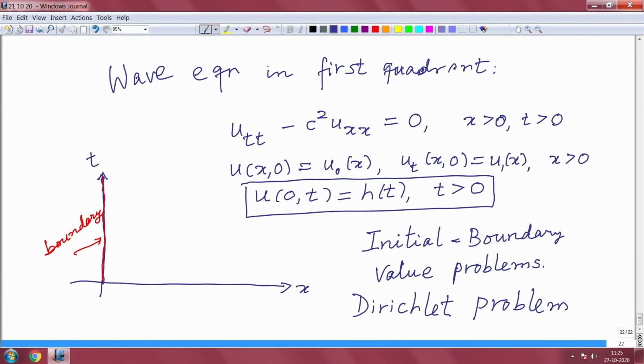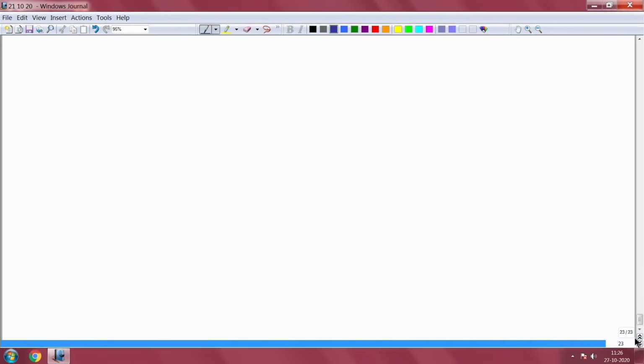So, I will mention as you go along. But let us now try to find the formula for this wave equation with this initial and boundary conditions. Okay. Let us try to do that. Okay. So, since most of the work is already done in the case of wave equation on the entire real line, namely D'Alembert's formula and other things, here it is much easier, okay, as we shall see.